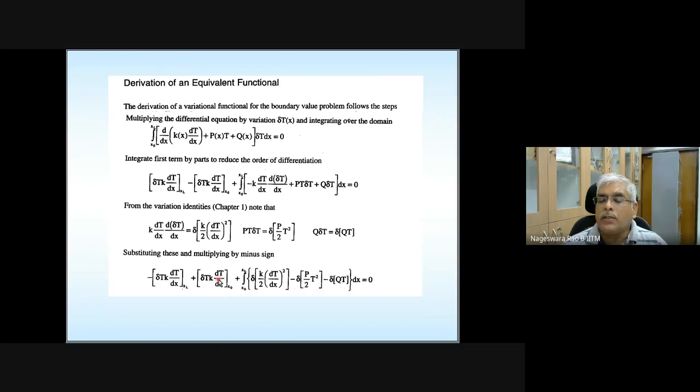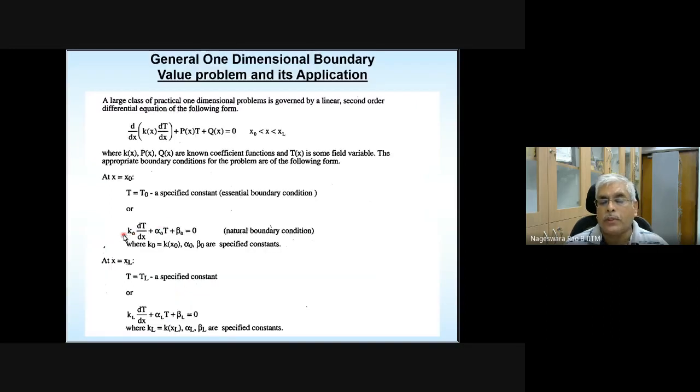So we look at the more general case, corresponding to natural boundary conditions. If natural boundary conditions are applied at x is equal to 0 and at x is equal to L, k times derivative of T with respect to x evaluated at x is equal to 0 becomes minus alpha naught times (T minus beta naught).